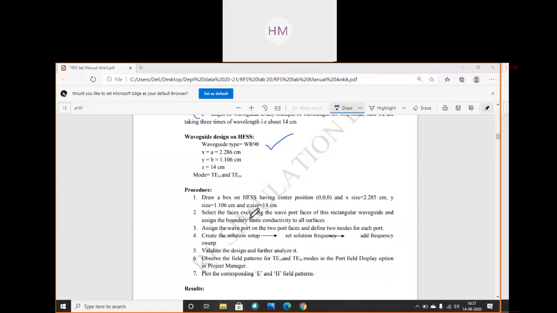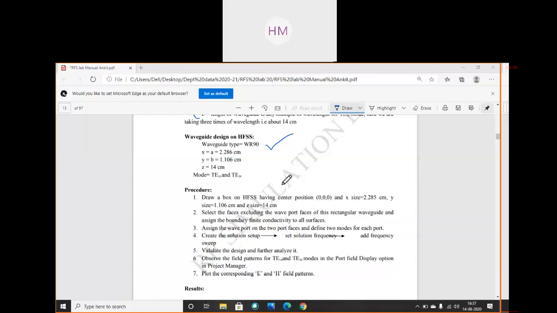Select the faces. Now we will assign the material, we will assign excitation, we will assign the boundaries to the device. We will follow all the steps which we discussed earlier. Clear?